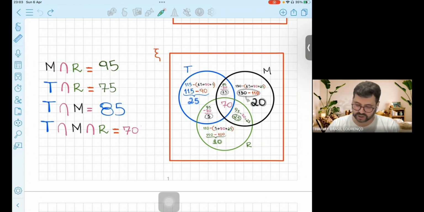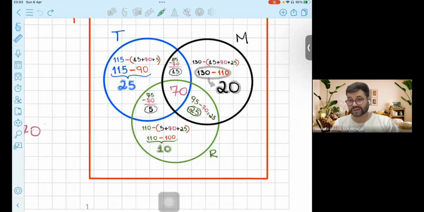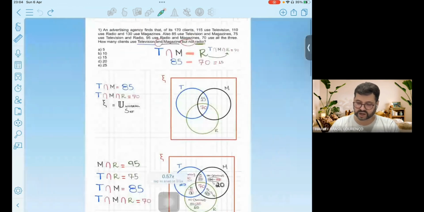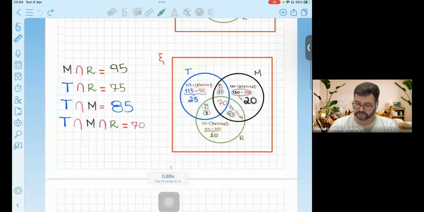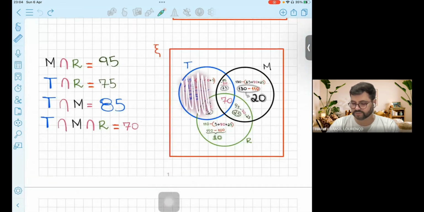And now if you ask me, Mr. Harley, how many people like one only? So for instance, how many people like only television, only magazine, only radio? Well, I have to look at the whole number of television. The question told me that 115 people like television right here. So I gotta get the whole number, which is this blue area, and the blue area contains 115 people.